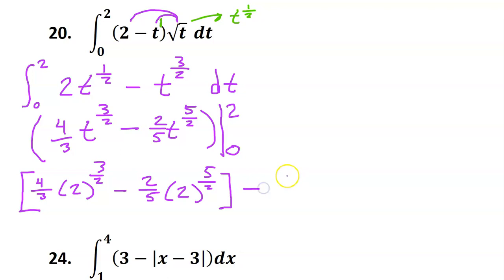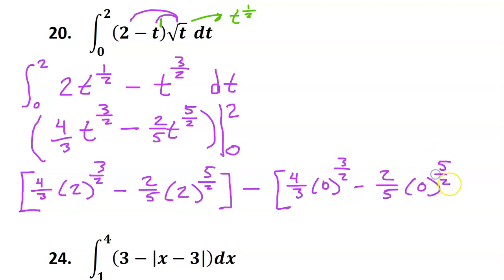Now I'm going to subtract the value at the lower limit. Looking at that 0, I've got 4 over 3 times 0 to the 3 over 2 power minus 2/5 times 0 to the 5 over 2 power. So right here, this is really the answer, but let's simplify this out a little bit.